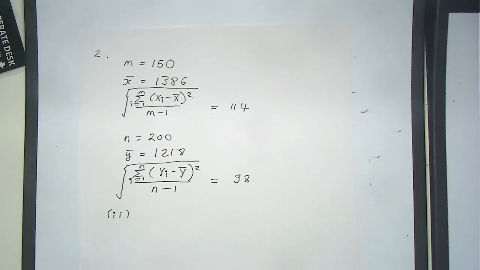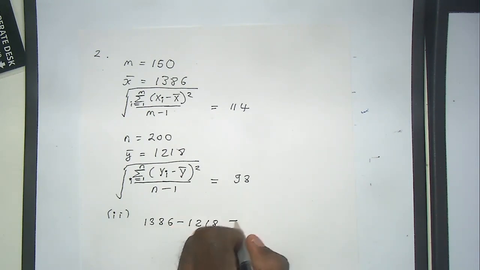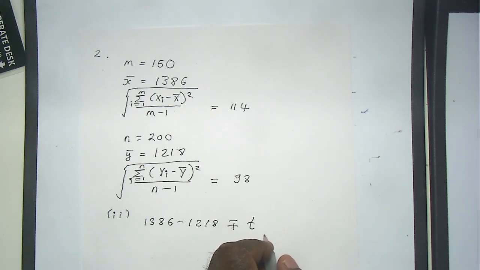In the case of part 2, assuming that the variances are equal, the confidence interval will be x bar minus y bar, plus or minus t with m plus n minus 2 degrees of freedom, which is 350, so 348.